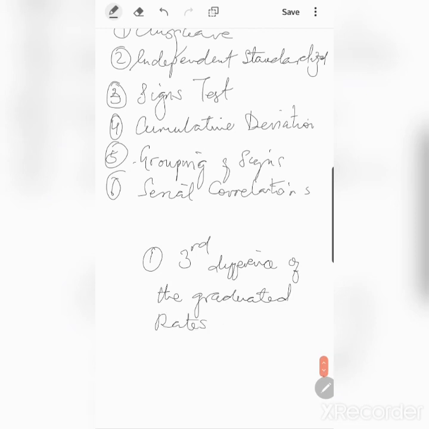So we're looking at the third difference, which should be much smaller in comparison with the graduated rate, and they should be increasing gradually with respect to age, right? So regarding all these things, you can take up some numericals to build the understanding of all these various aspects. But from a conceptual standpoint, I hope that the purpose of doing these various statistical tests for testing the graduated rates is clear.